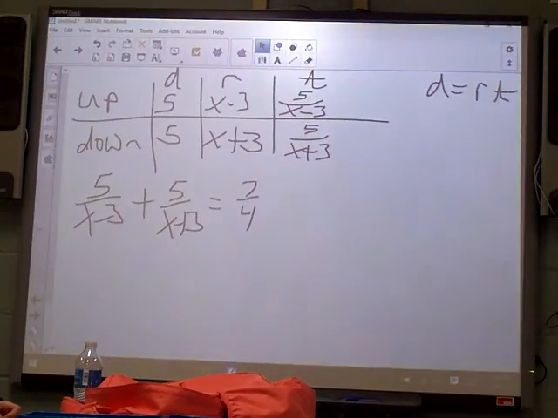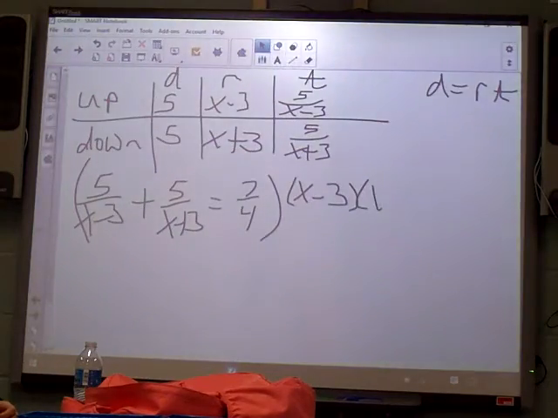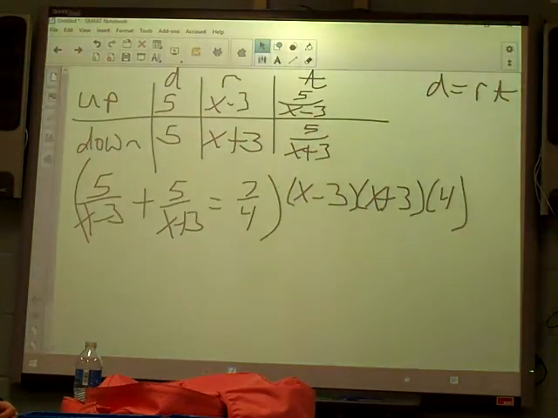So now we're to where the last problem started. We got to clear fractions out. So we're going to multiply this whole thing by x minus 3, x plus 3, and 4, because those were the 3 fraction denominators that we had. The easy way to think about it, when you distribute these 3 to each of these pieces, if it was already on bottom, it cancels out and it gets the other 2.